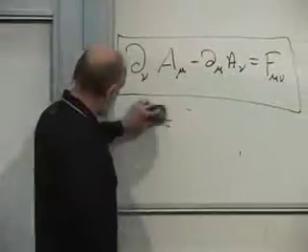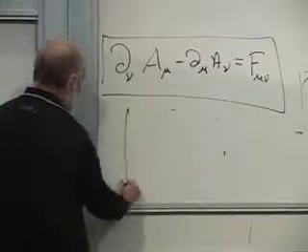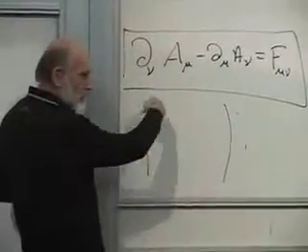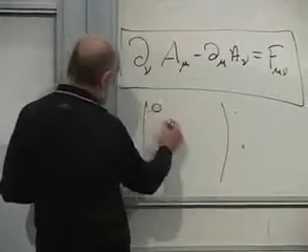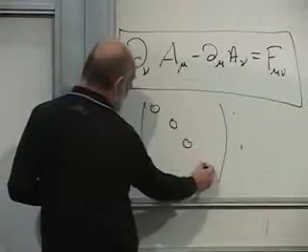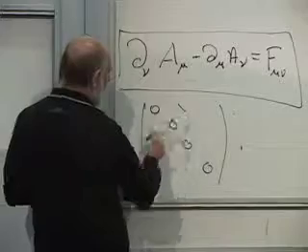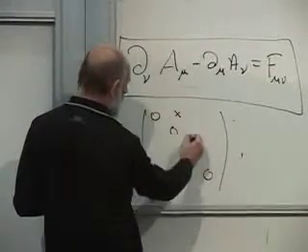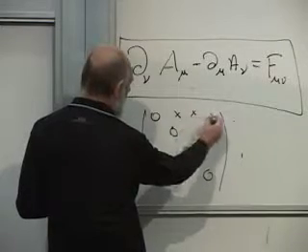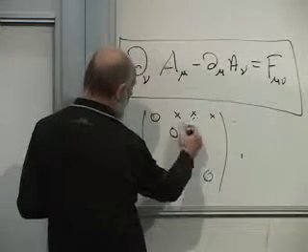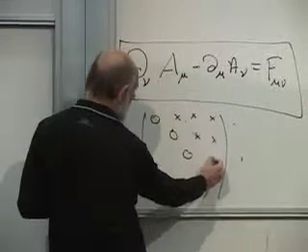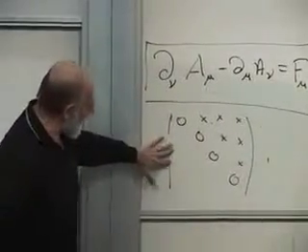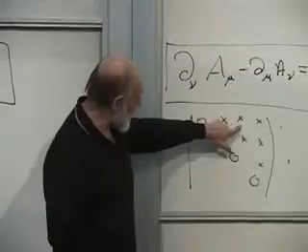6 independent. You can think of it as a 4 by 4 matrix, 16 to start with, 0 on the diagonal, and off the diagonal there are 6 above the diagonal and another 6 below, but the other 6 are just the negatives of the ones above.